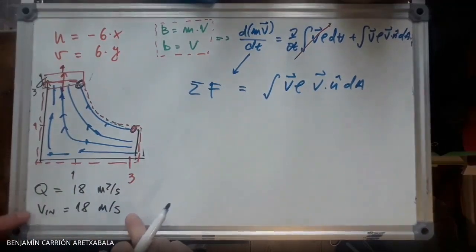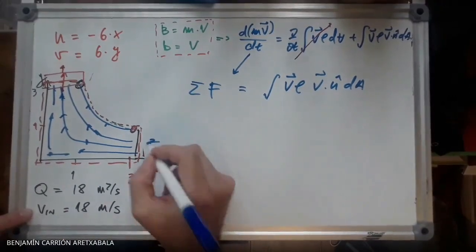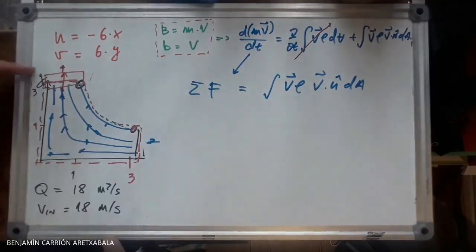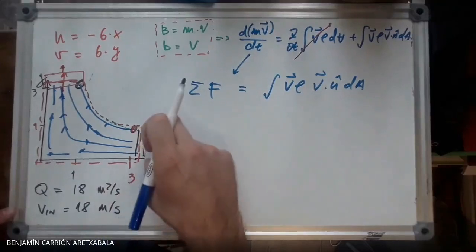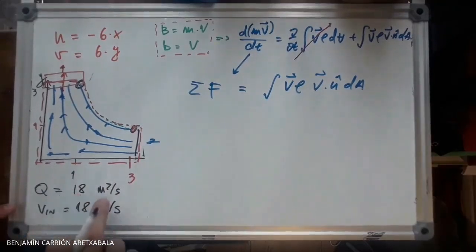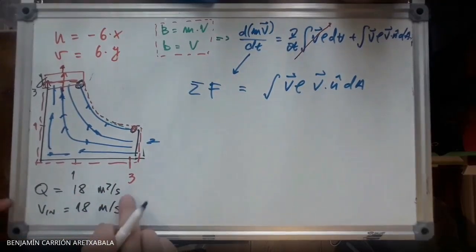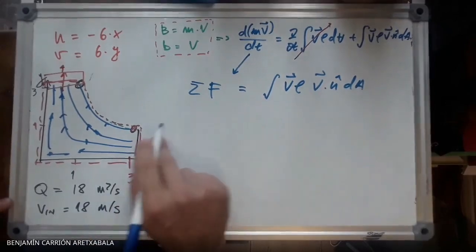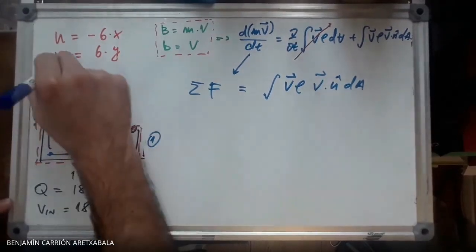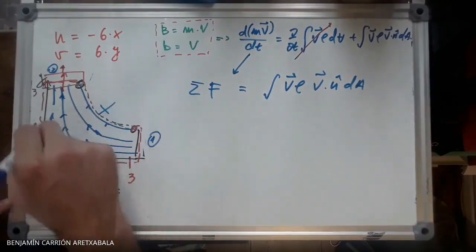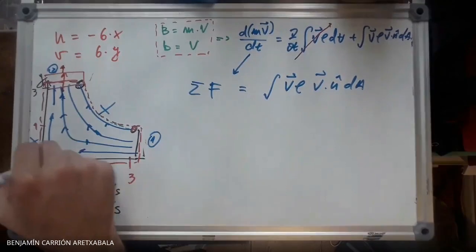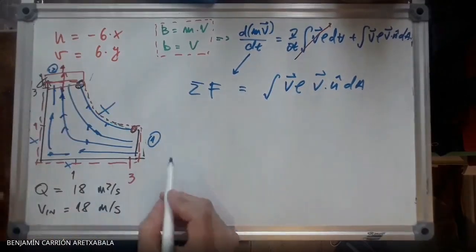We know that the velocity in is 18 meters per second, and we know it's the same velocity out, the average velocity, and we know that the flow is just this velocity times 1. This is just 1. So 18 meters cubed per second. So let's talk about section 1 and section 2. You know that through these boundaries, there are no fluxes because they are just parallel to the flow.